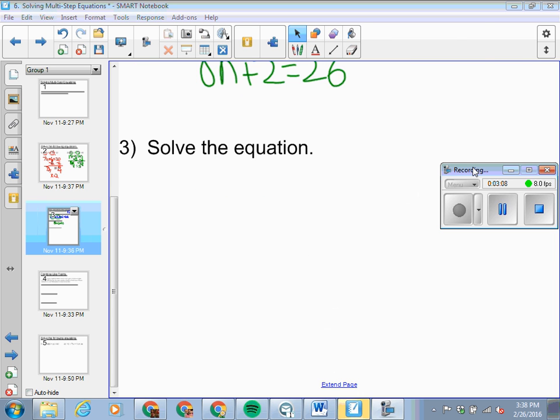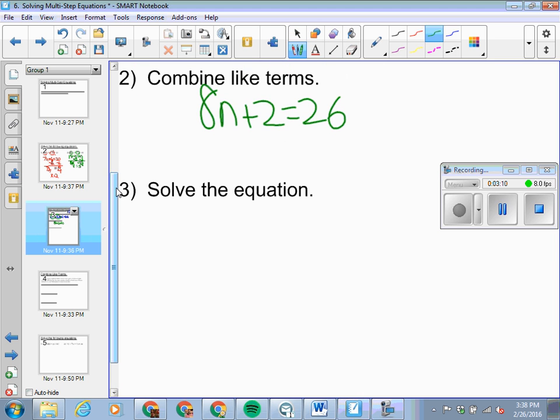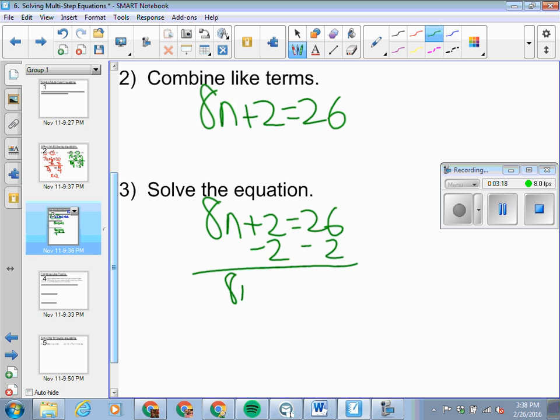I'm just going to rewrite it down here so you can see a vertical progression. Subtract 2 from both sides. Give us 24. And divide both sides by 8. So n equals 3.